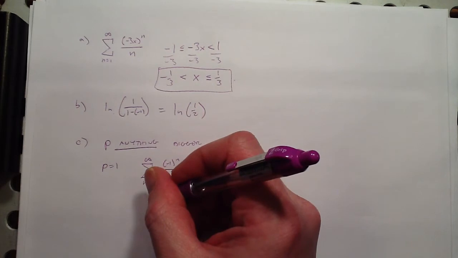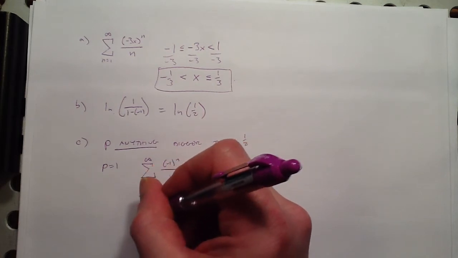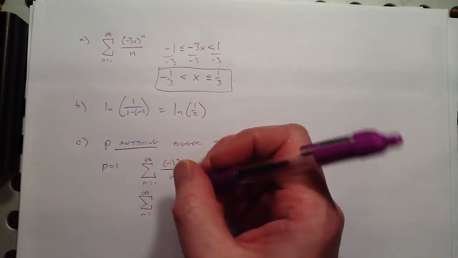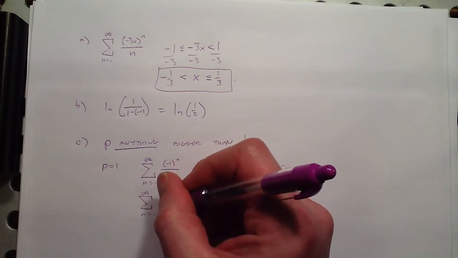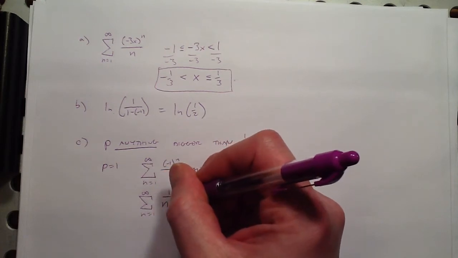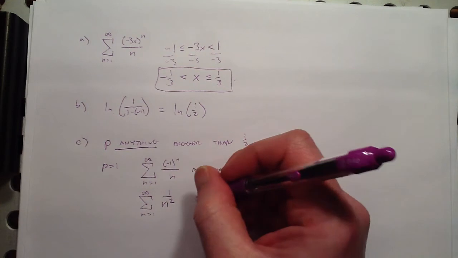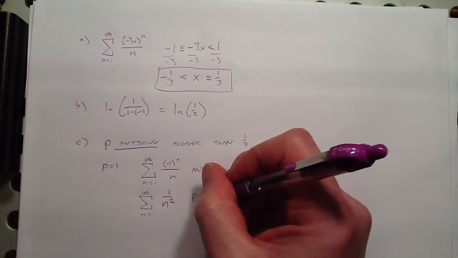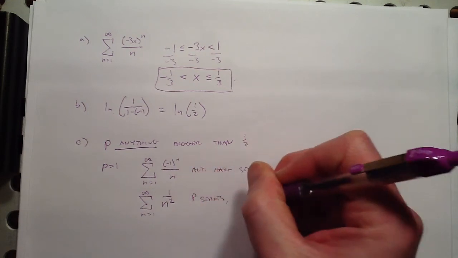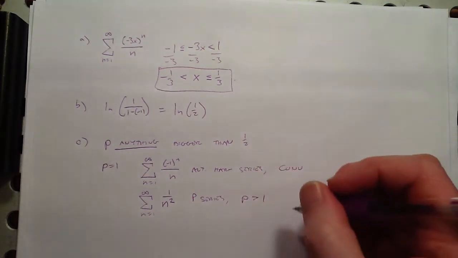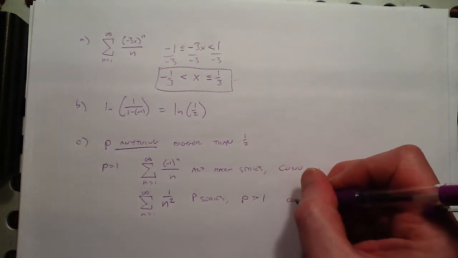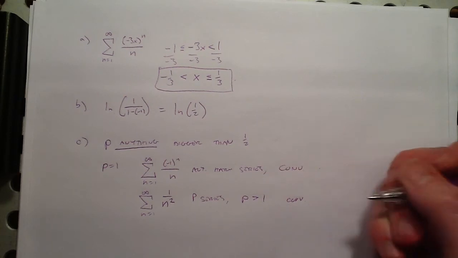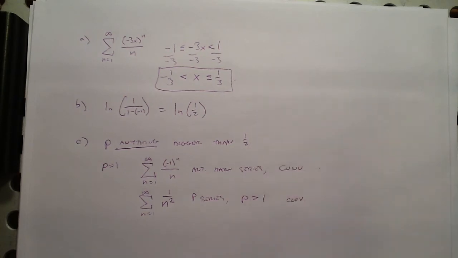And the other one would be 1 over n squared if p was 1, right? Which is a p series where p is greater than 1, so which converges. Right, but lots of possible correct answers.